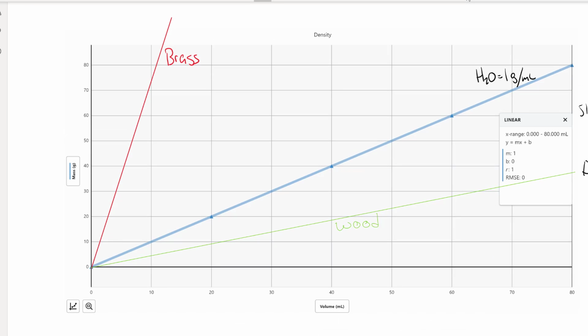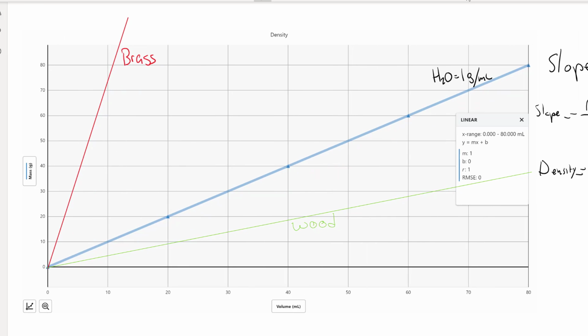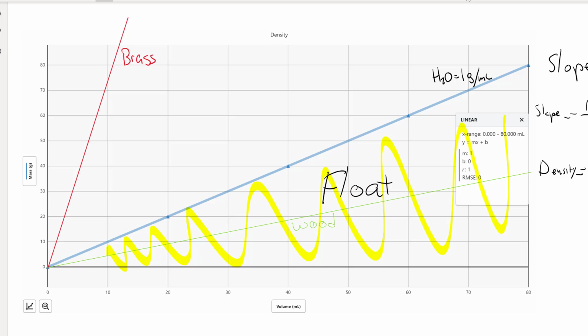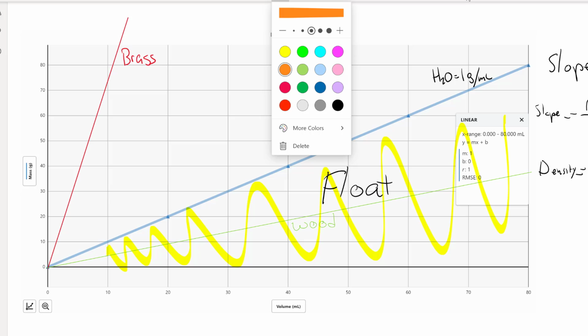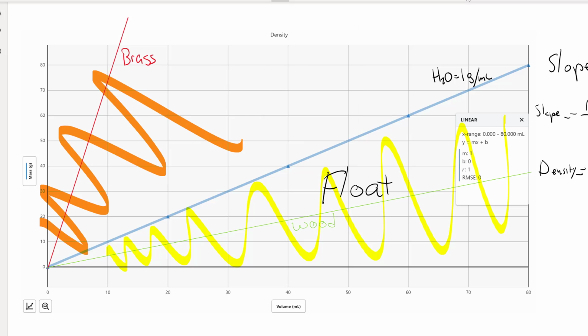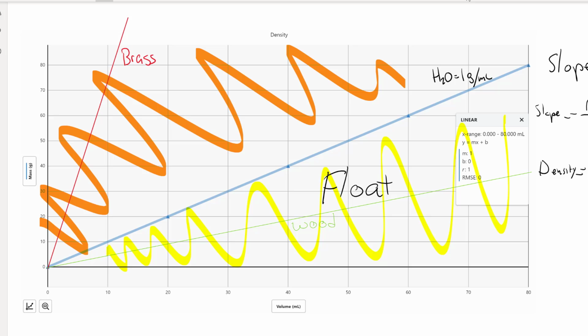Well, I'm sure you guys are perfectly aware that wood floats, and brass, put in water, sinks. A couple things that you want to realize is that anything down here, below, is the float area of this graph, and anything up here is the sink area.